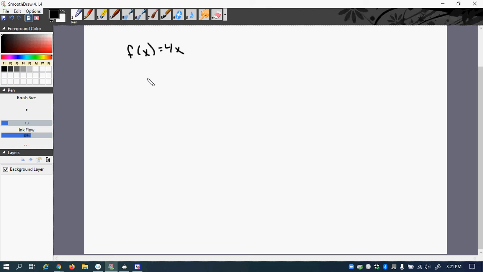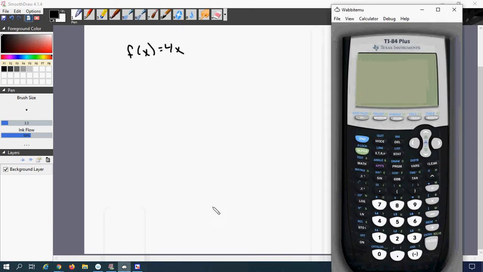If you were to graph this on your calculator, you can see that it is a linear equation. So I'm just going to turn it on and graph it. That's 4x, and then I'll do zoom 6. And then I have my graph.